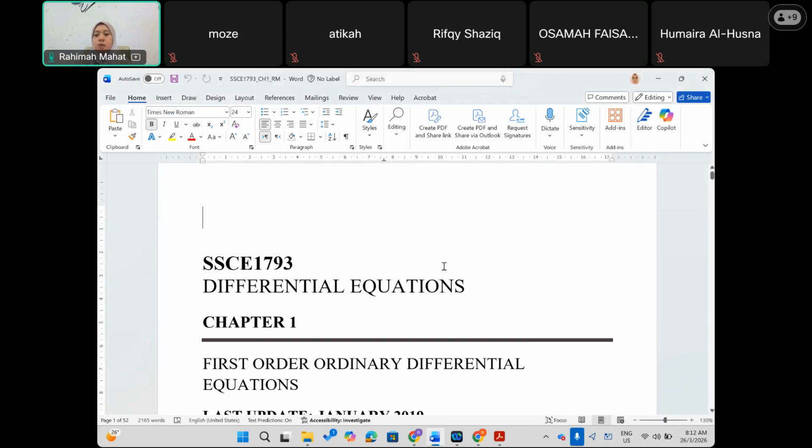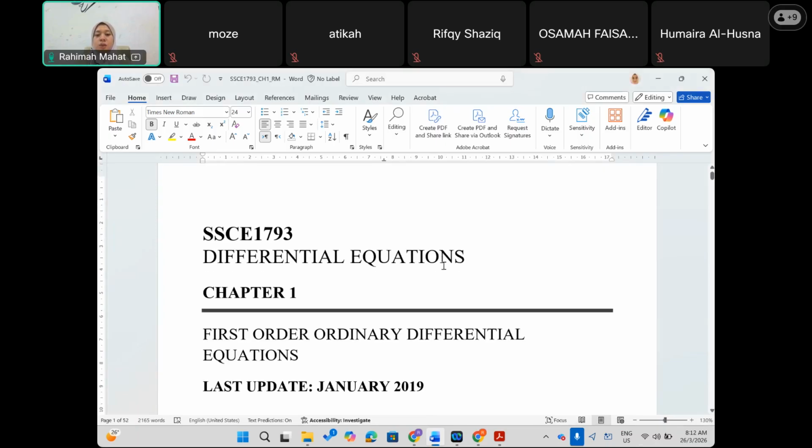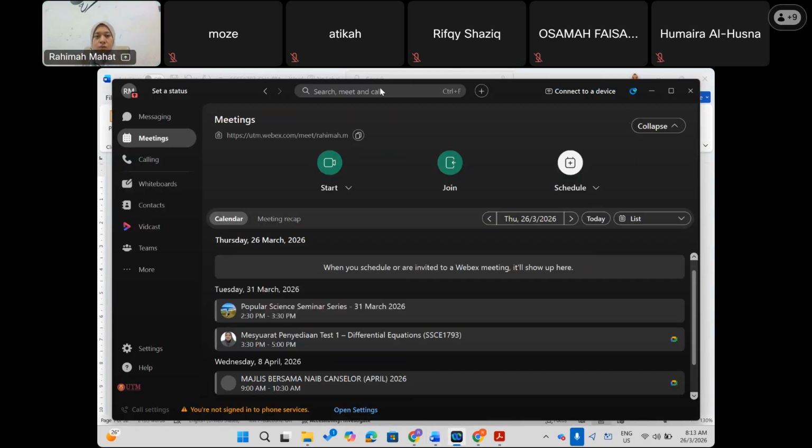I will just recall and learn back about this, the differential equation. Can you see the screen that I'm sharing with you? Yes, okay.